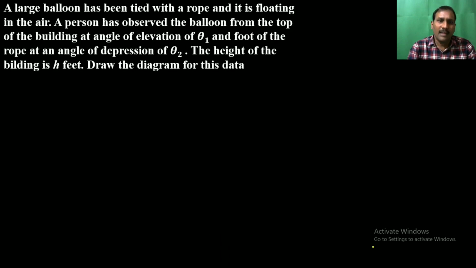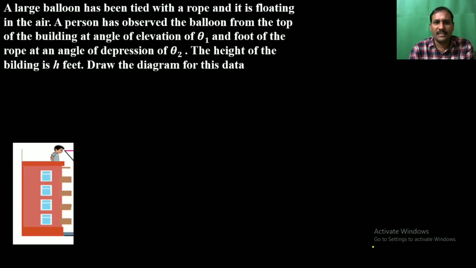Next problem. A large balloon has been tied with a rope and it is floating in the air. A person has observed the balloon from the top of the building at an angle of elevation of theta 1 and the foot of the rope at an angle of depression of theta 2. The height of the building is h feet. Draw the diagram for this data.